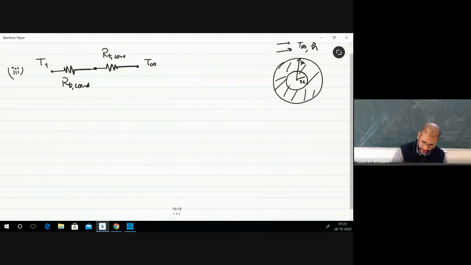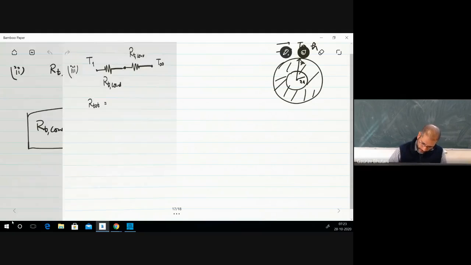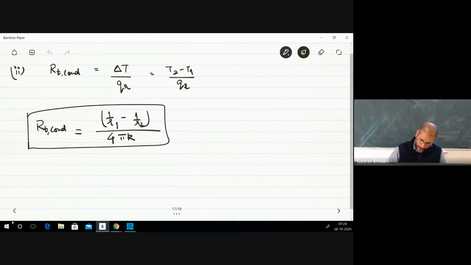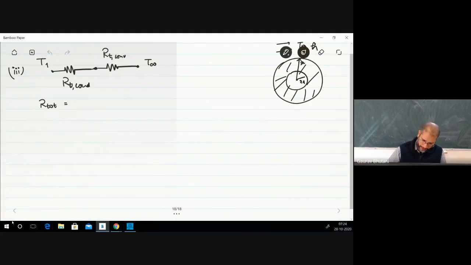It was given as T1. So the total resistance in this case is the sum of the conduction and convection resistance. The conduction resistance we just now found out was 1 upon R1 minus 1 upon R divided by 4 pi k.